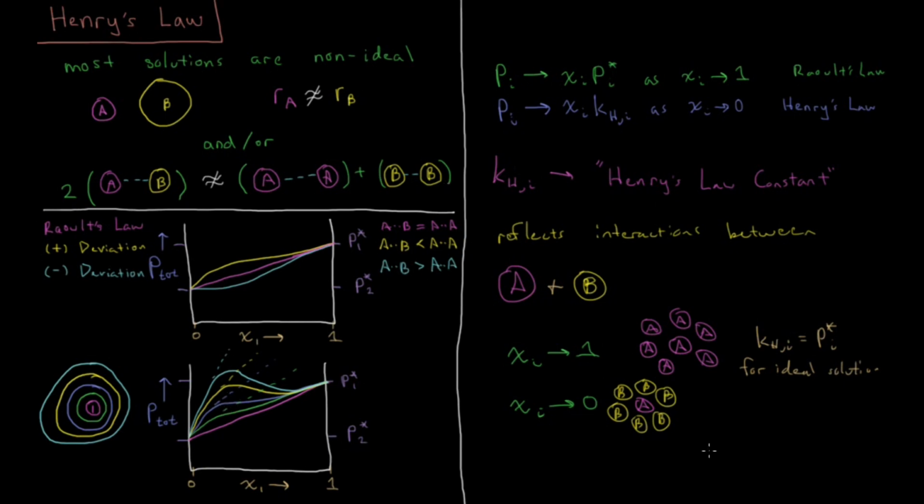So we can determine the Henry's law constant if we have a pressure composition diagram. The Henry's law constant is equal to the derivative, or I guess I should say partial derivative, because it's not the only thing that controls it, of the pressure, the vapor pressure of the solution, with respect to mole fraction of component i, and that is evaluated when the mole fraction of component i is 0.